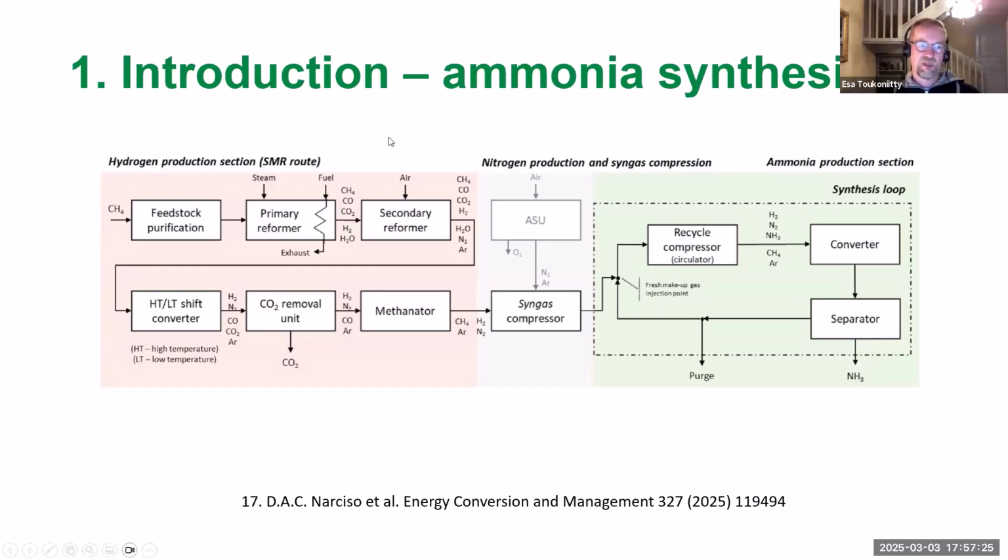And on the left-hand side, you'll see here the production of hydrogen. So this is the traditional way of doing things. This is not the so-called green hydrogen, but it's the fossil-based route. So the methane is reformed in several steps. And basically, the purpose of these different steps is to get the gas enriched in hydrogen.